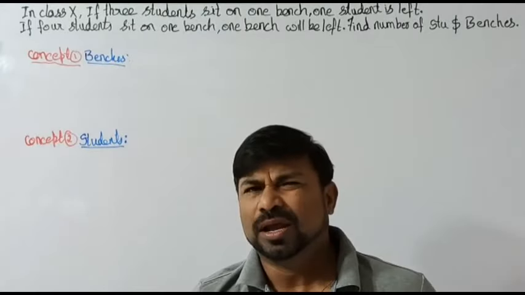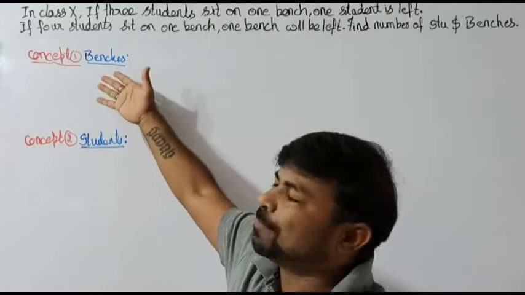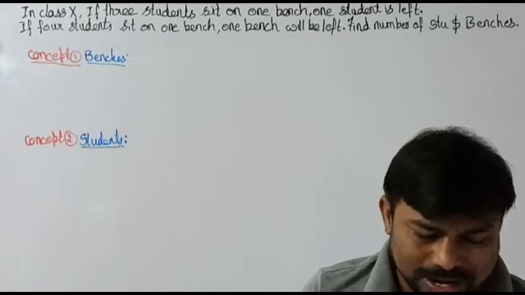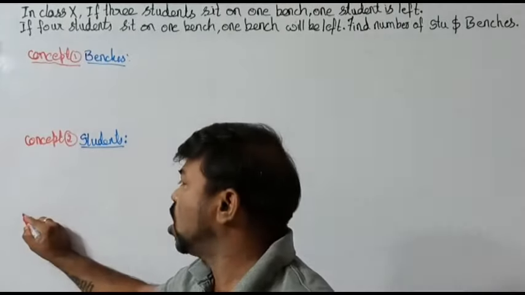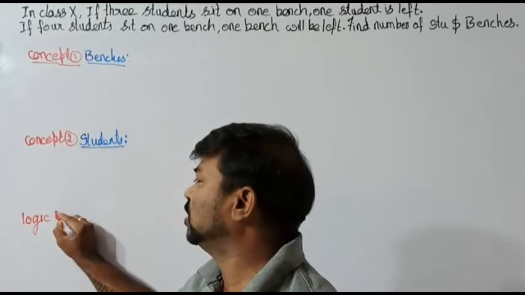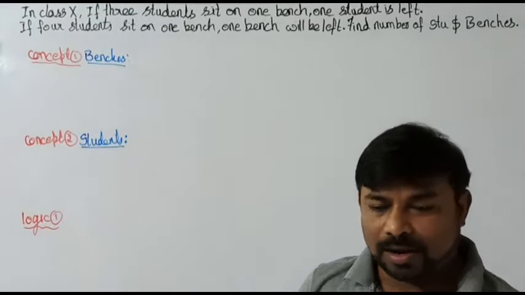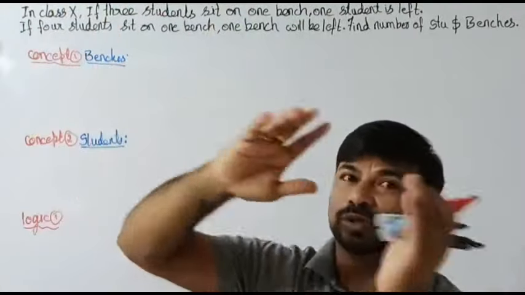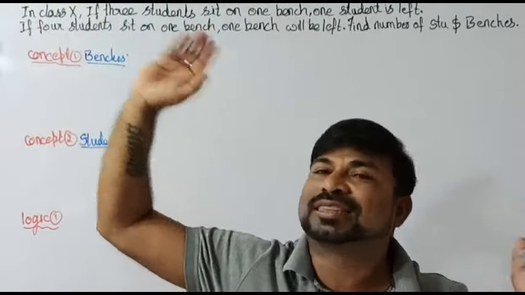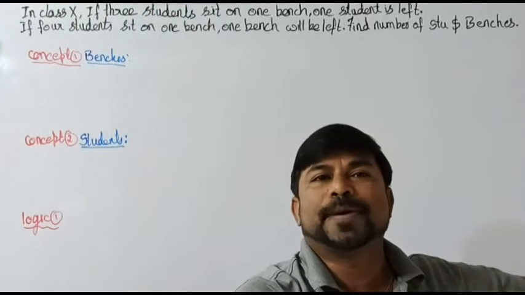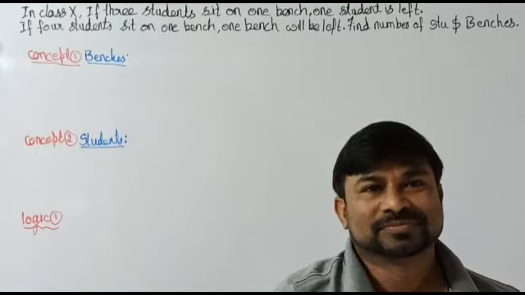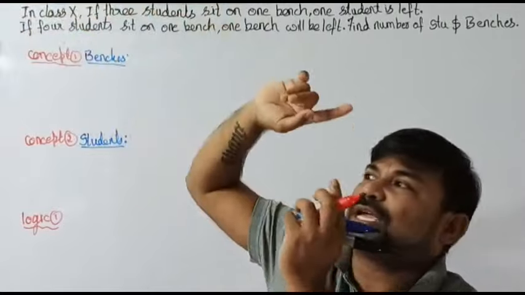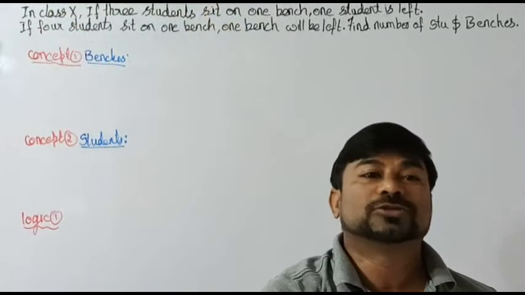Why did I take benches as concept one and students as the second concept? Because I like to go by the logic, the first logic I generally use in all my videos. To the one to which we are comparing, I like to take that as x, and the one which is compared, I like to take as y.